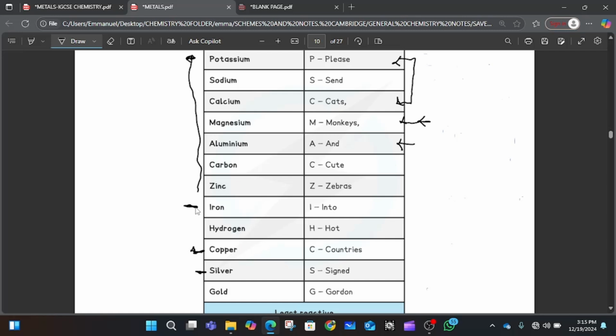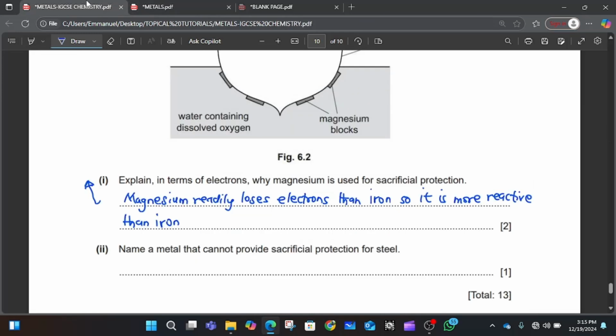So any metal that is below iron in the reactivity series cannot be used for sacrificial protection of iron. An example of a metal that is below iron is copper, another is silver or gold. So we have to write one of them. So I'm going for copper.